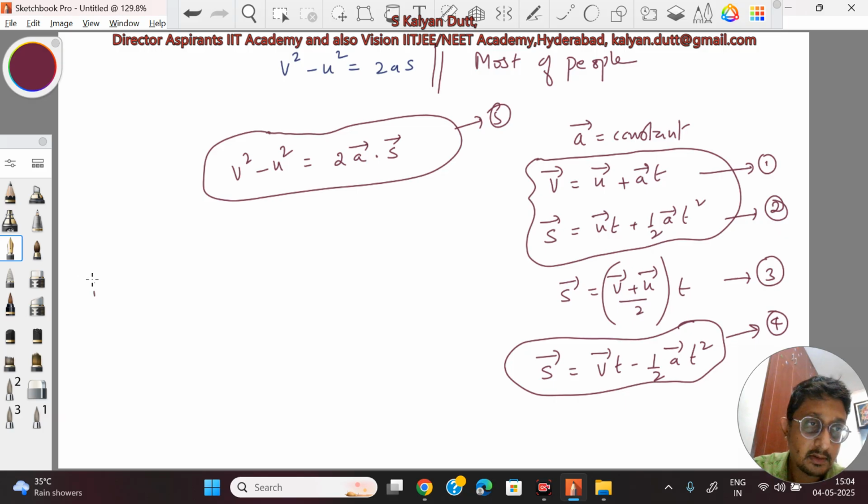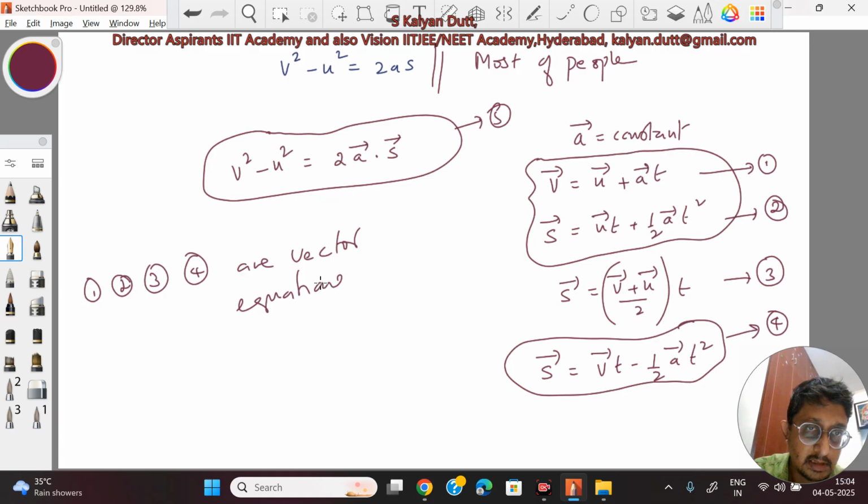Now 1, 2, 3, 4 are actually vector equations. The idea with vector equations is you can split them into components and write, for example, vx is ux plus axt, and you can take the y component of the vector equation.